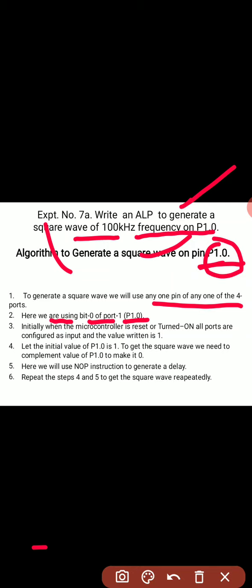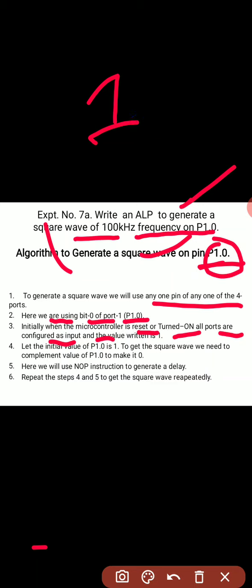Initially, when the microcontroller is reset or turned on, all the ports are configured as input ports. Input ports means the value written to those ports is equal to 1.